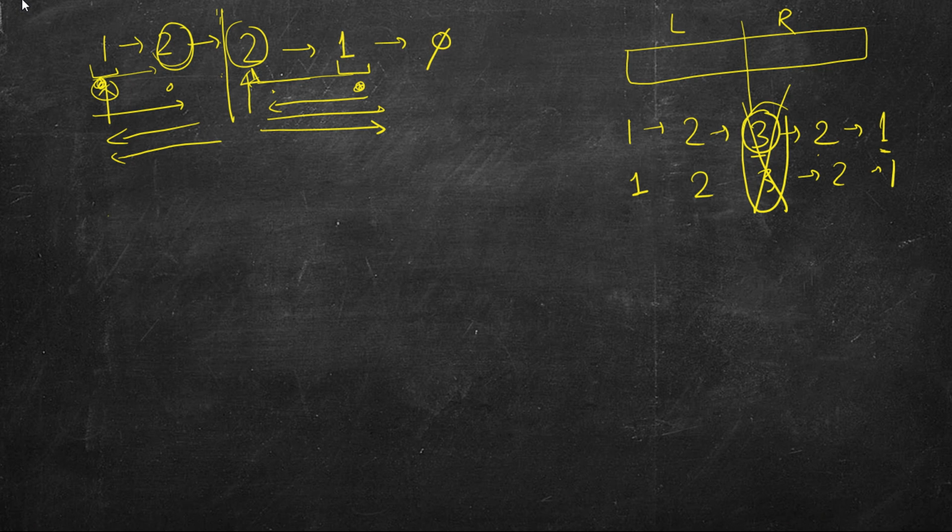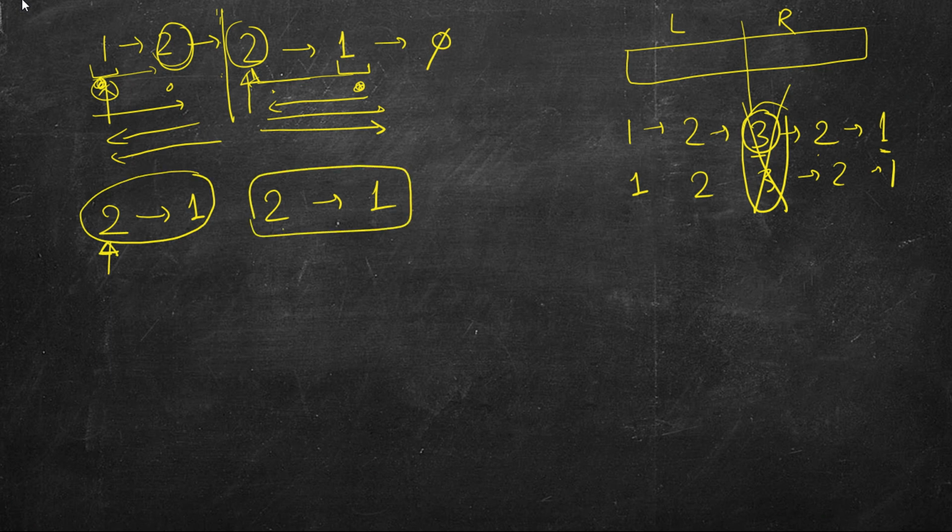So reverse the first part, then we will have 2, 1. And the right part, leave it as it is, 2, 1. Now we can have two pointers pointing to the first element of the reversed left part and the non-reversed right part. And now just increase both the pointers one by one and keep comparing.